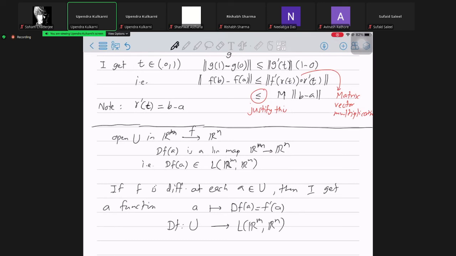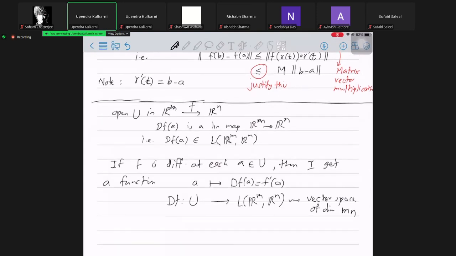So df is a function from U to the space of operators, but there is nothing to be scared of in this because the space of operators itself is a vector space, no? So this is a vector space of dimension, what? Come on. mn, exactly. So dimension mn.